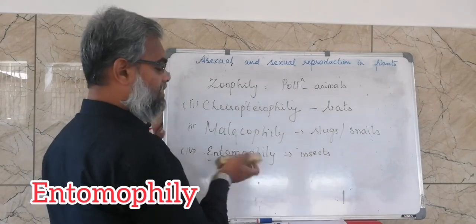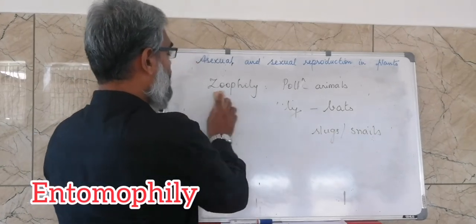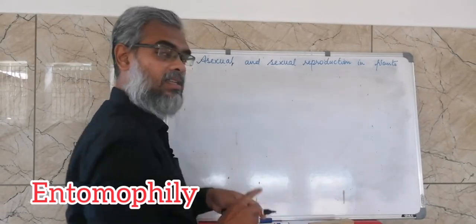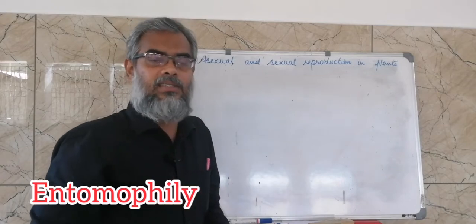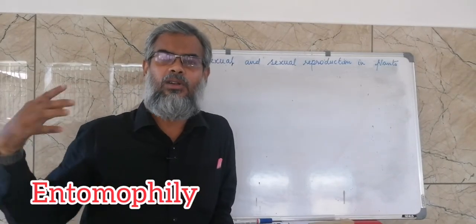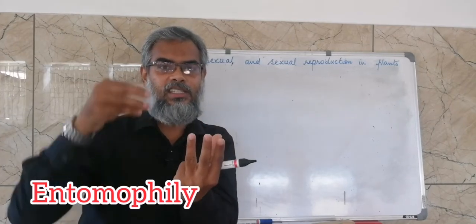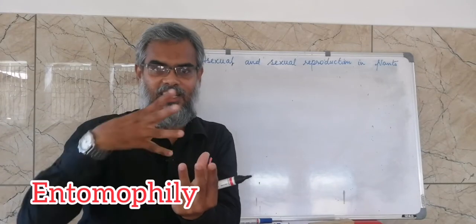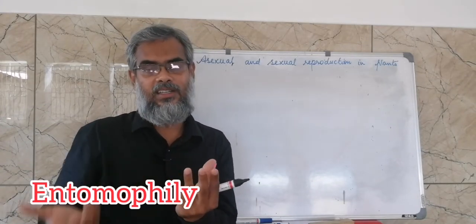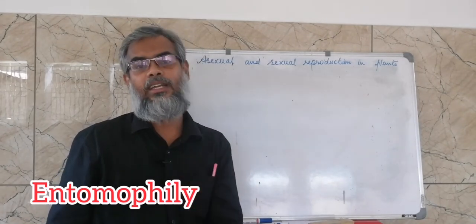Now let's discuss how the entomophilous flowers will be. Normally you would have seen butterflies, bees, insects, wasps, beetles, all of them around a flower. You can see a bee there, isn't it? That's the usual thing. So entomophily takes place at a high level. How should the flowers be for entomophily?